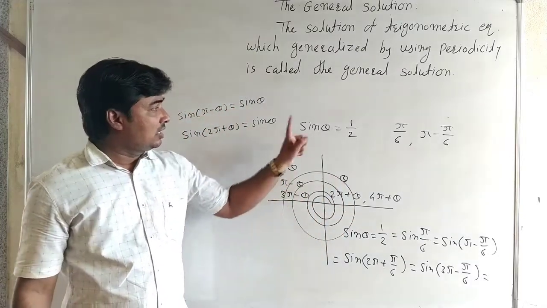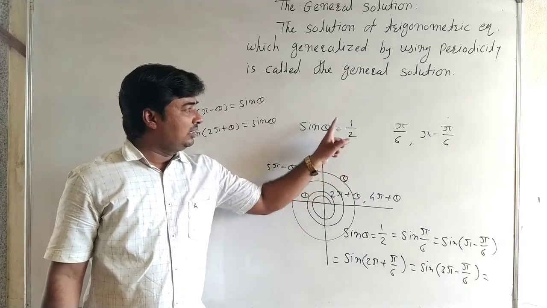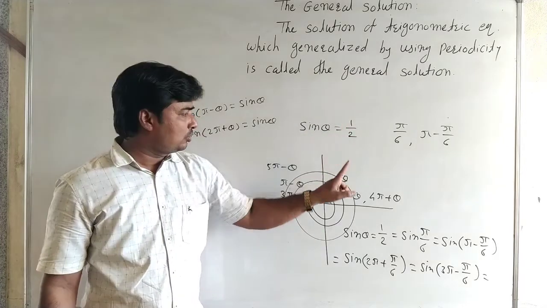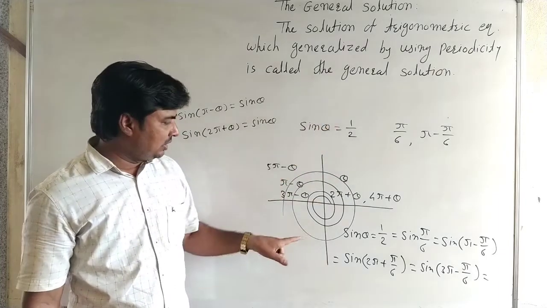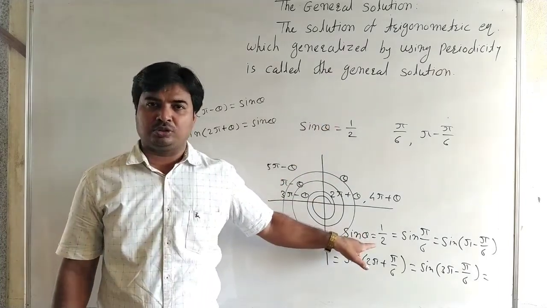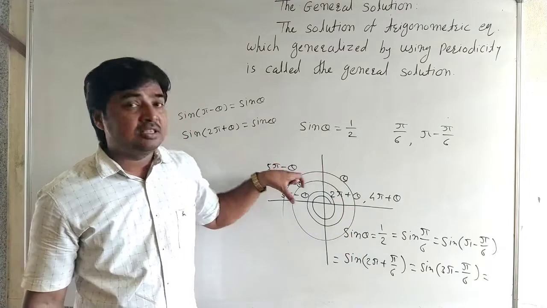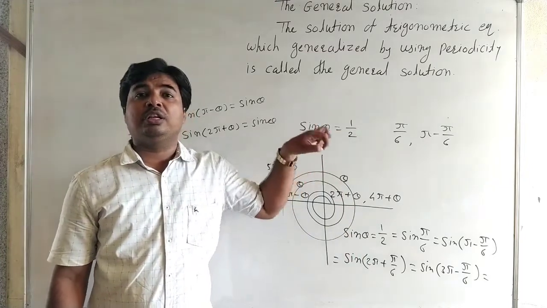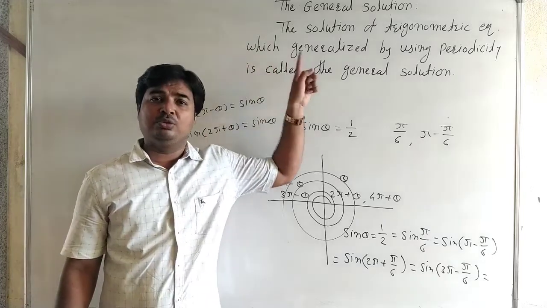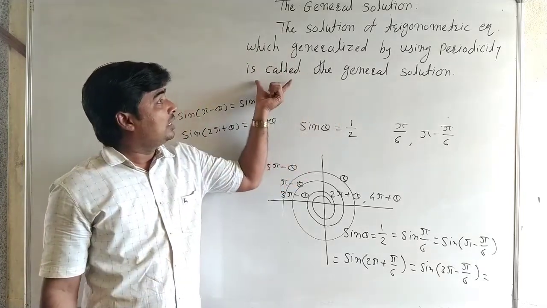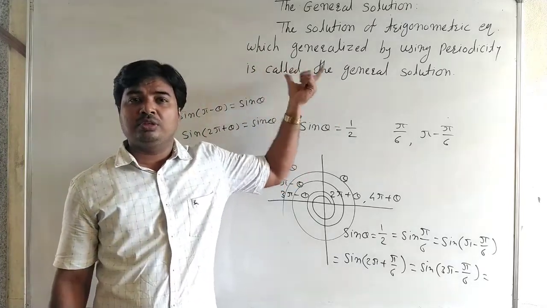For this equation sin theta is equal to 1 by 2, it is positive, so it lies in the first quadrant and second quadrant. If it is negative, then it lies in the third quadrant and fourth quadrant. The solution of a trigonometric equation which is generalized by using periodicity is called the general solution of the trigonometric equation.